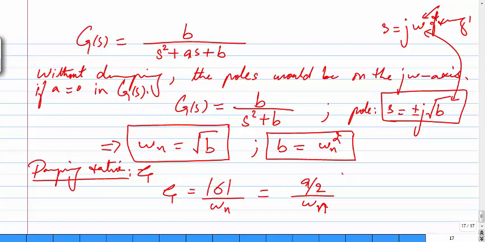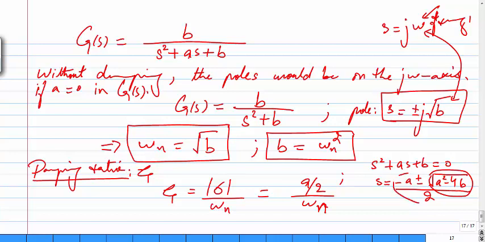How do we get it? Let me write it here. This is our system, s square plus a s plus b equal to 0. If I write the roots of this, they become minus a plus minus the square root of a square minus 4 b, whole divided by 2. The square root part is the imaginary part, and this becomes the real part. So this gives us the exponential decay, and the other is the oscillation.